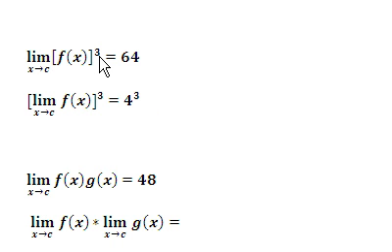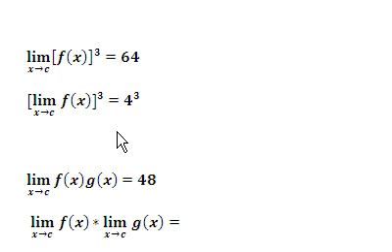So as you can see here, we take this limit of f of x, right, put brackets around the entire thing and raise it to the third power. Now we've defined that the limit of f of x as x approaches c, we said was equal to 4, and therefore we replace all of this with a 4, and we raise it to the third power, which is 64.